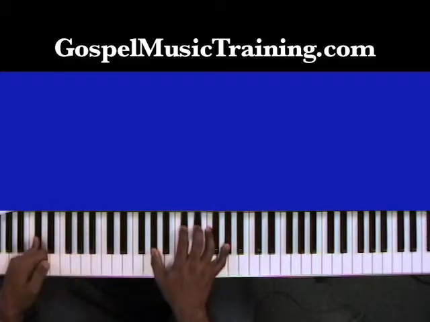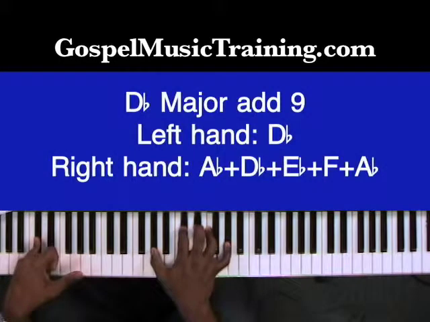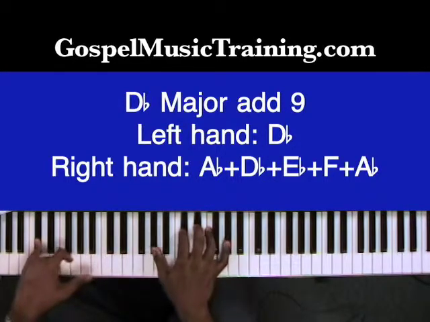That last chord, simply a D flat major chord, add 9. So what I'm doing, D flat on my left hand, A flat, D flat, E flat, F, and A flat. You can roll it down. It's called descending, or you can roll it up. And that's very pretty too.